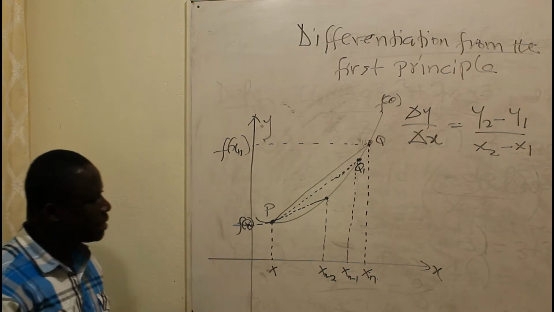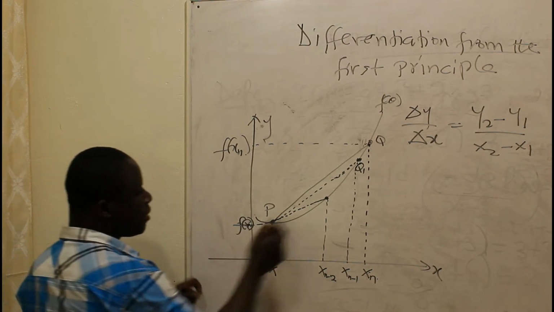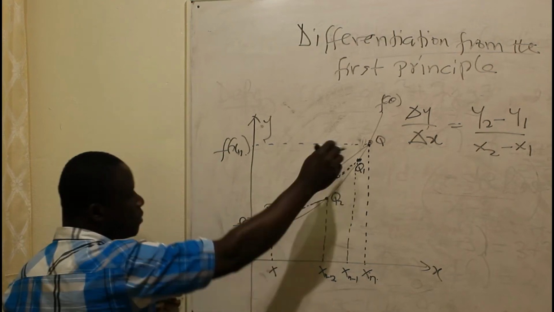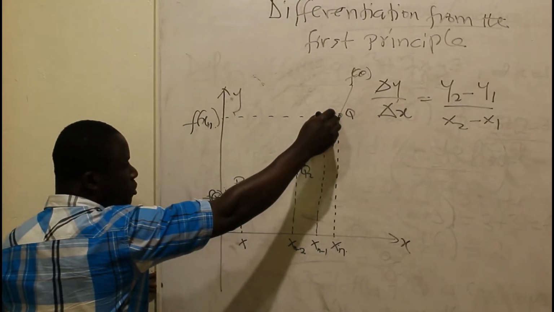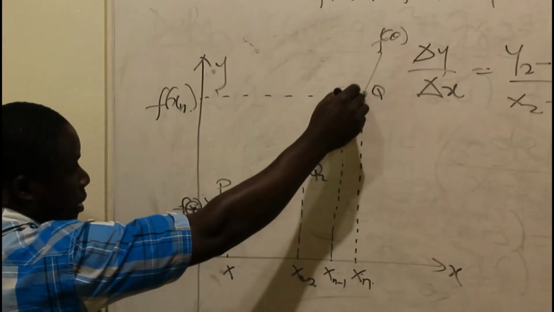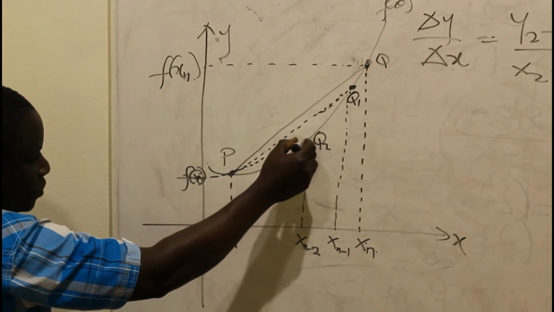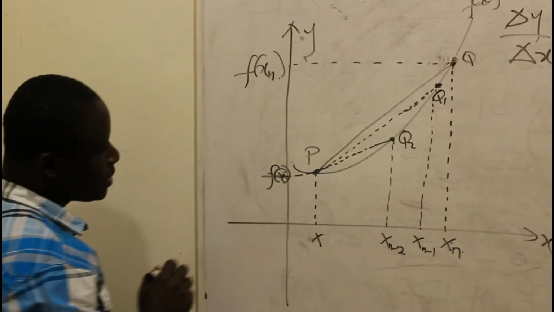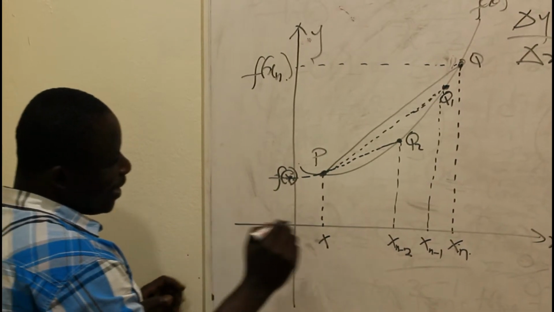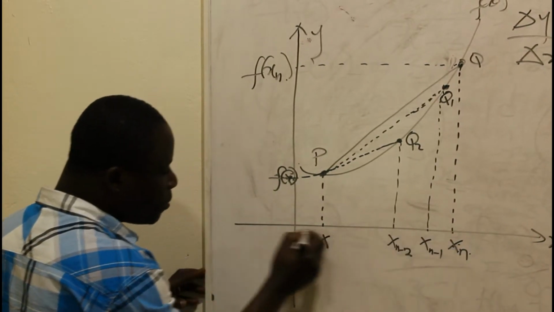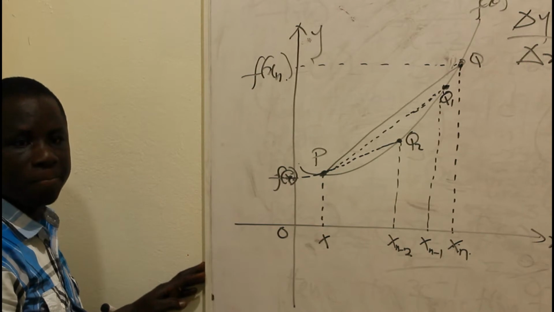So gradually, as Q moves from this point towards P, you will see that the h values are also reducing towards 0.